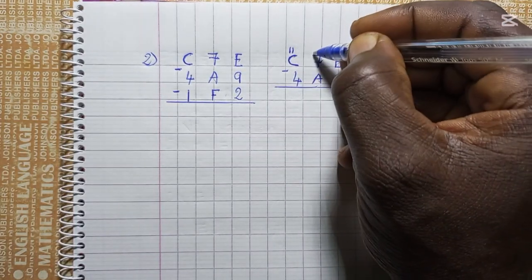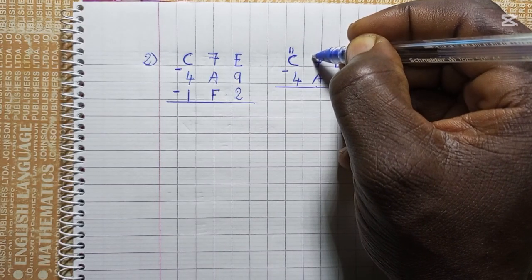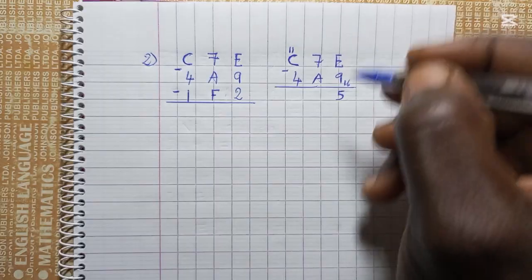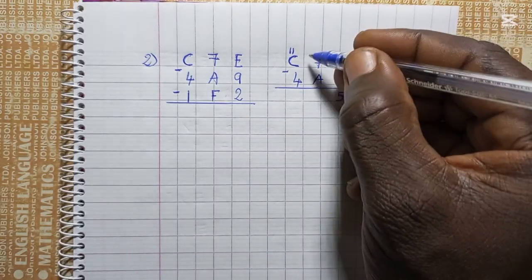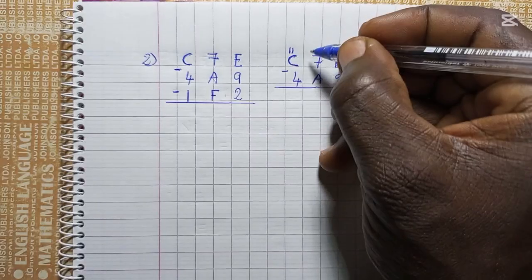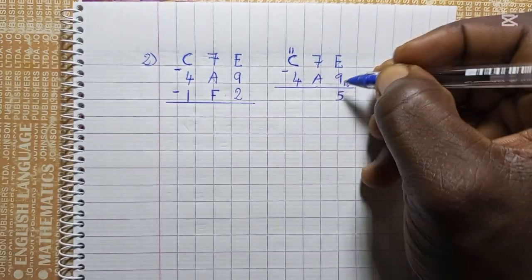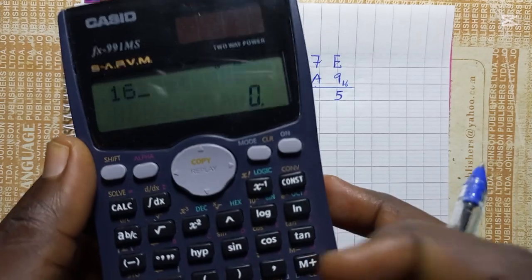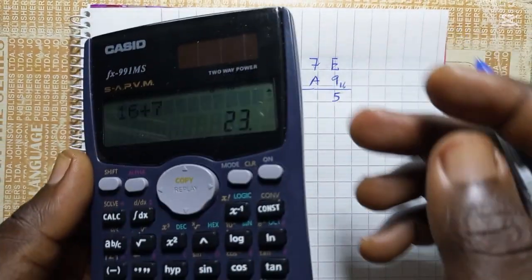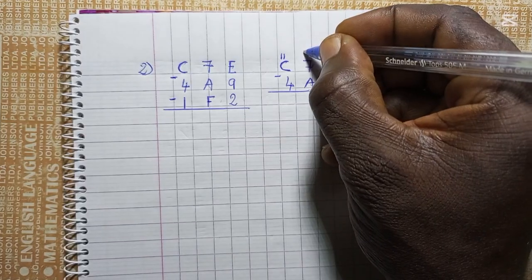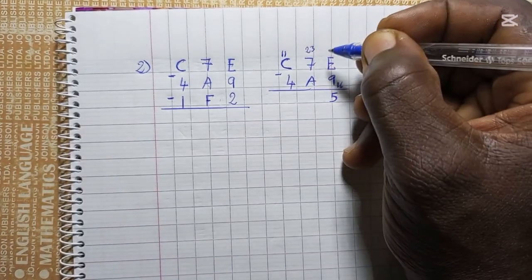Now that one we are bringing to this 7, when it reaches this number, is equivalent to 16, because we are working in base 16. So 16 plus 7 will give us 23. So this value now will become 23 automatically.